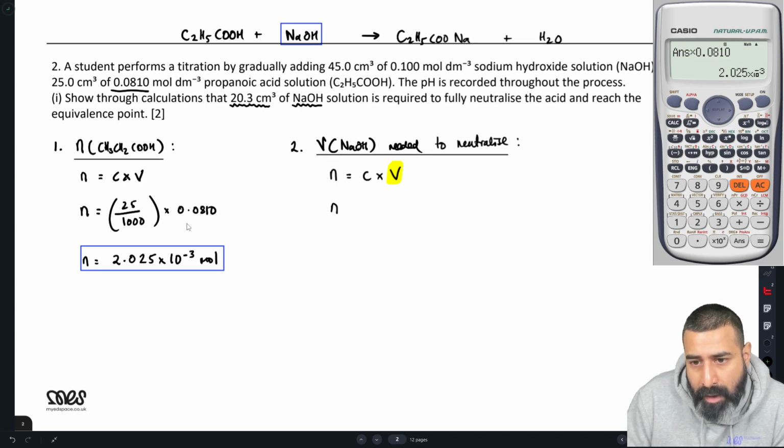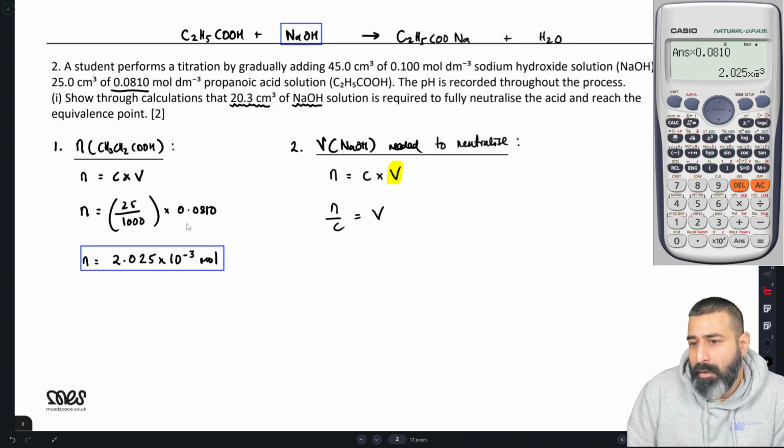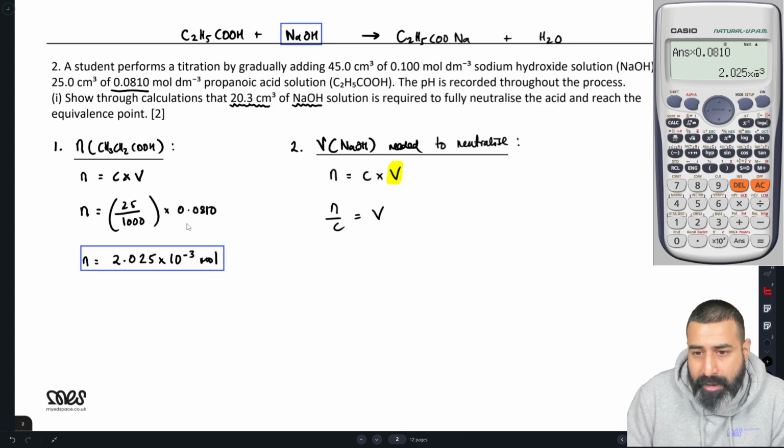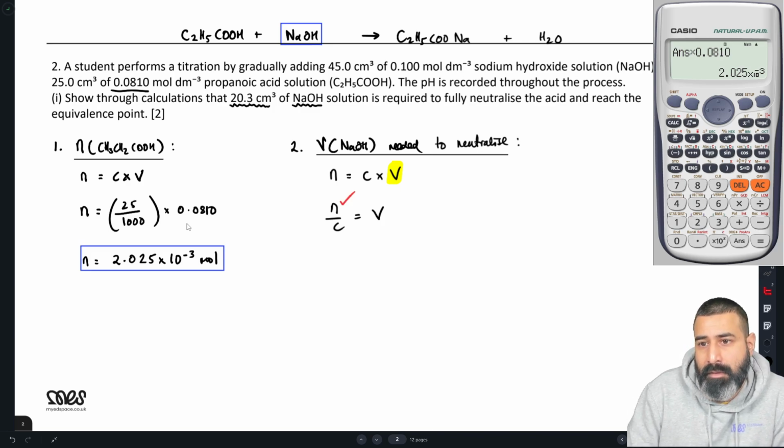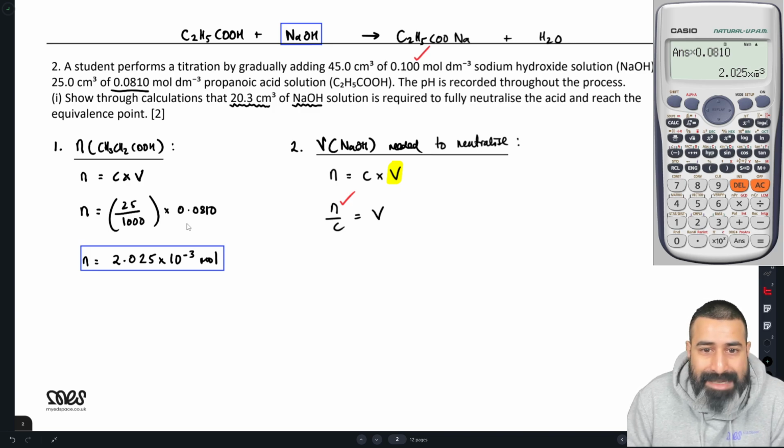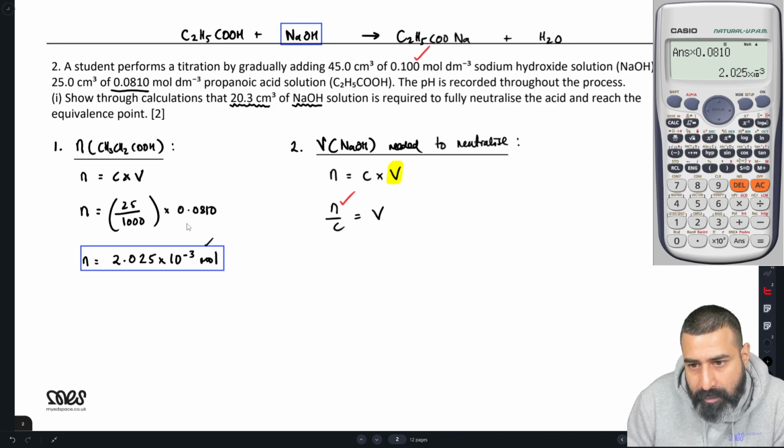So n over c equals the volume needed. Now, we know the number of moles and we know the concentration of the sodium hydroxide. So let's sub these values into this equation. The number of moles at the equivalence point is going to be this number of moles.